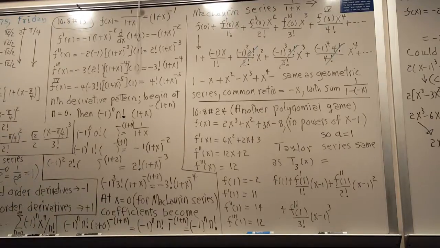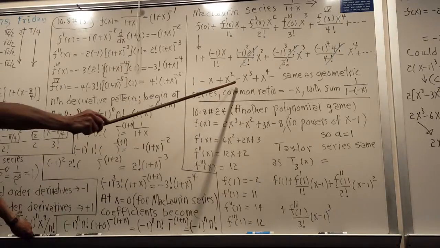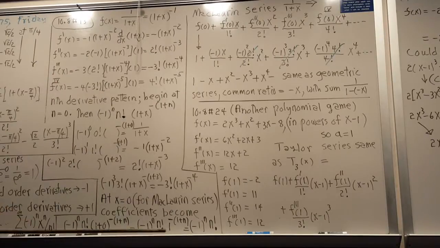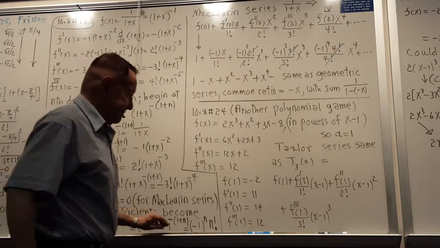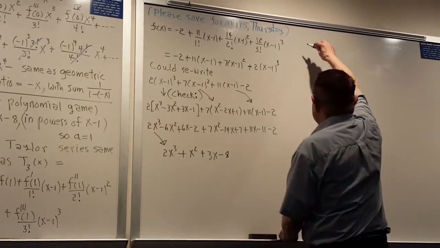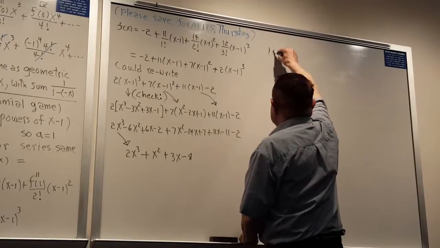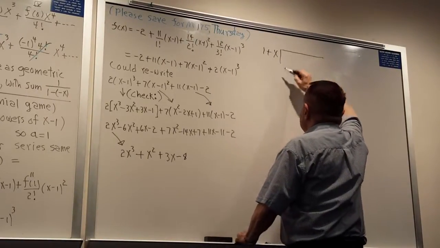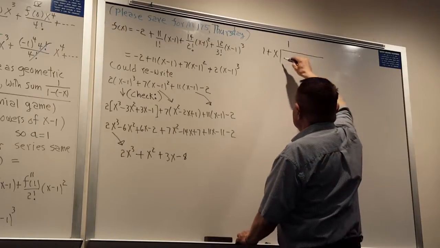So what I'm showing is that you could get the series for 1 over 1 plus x either as a geometric series where you did long division, 1 plus x into 1, see, like this. You could do this.